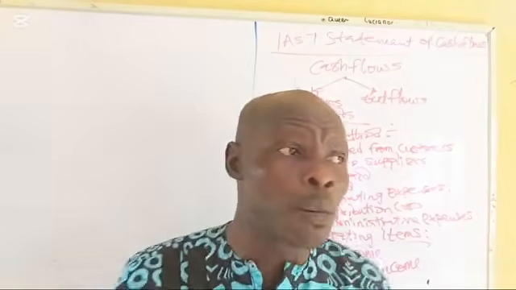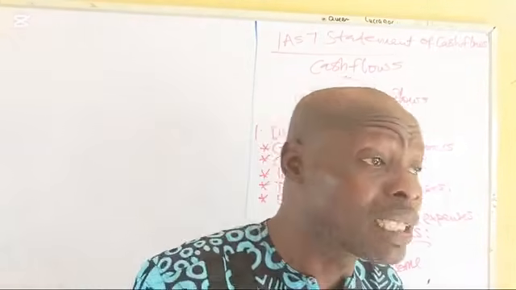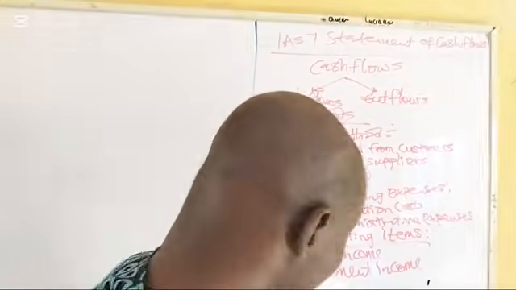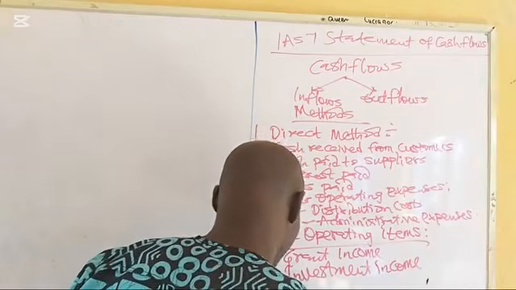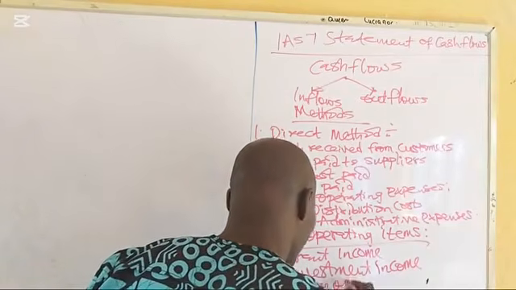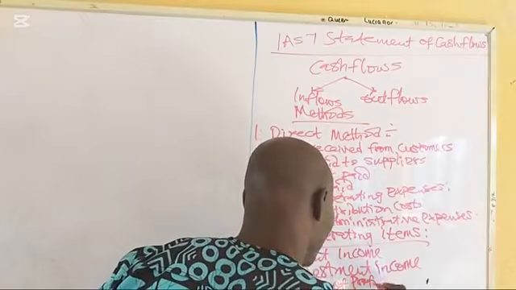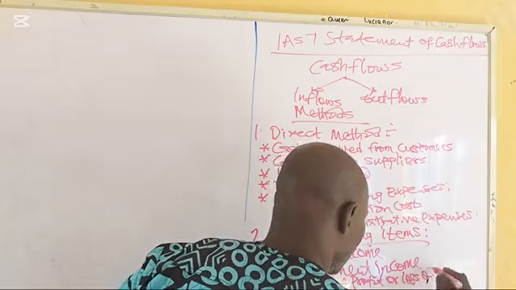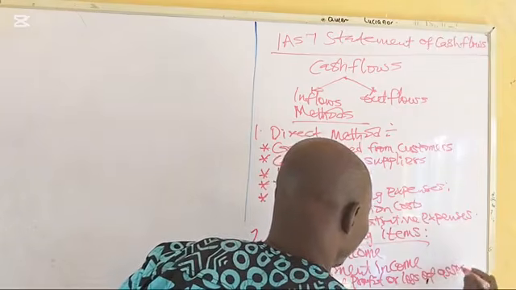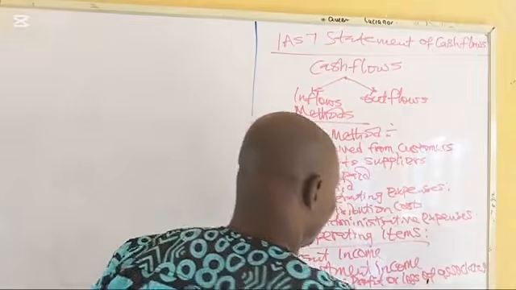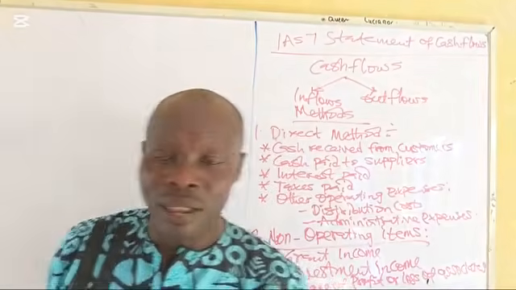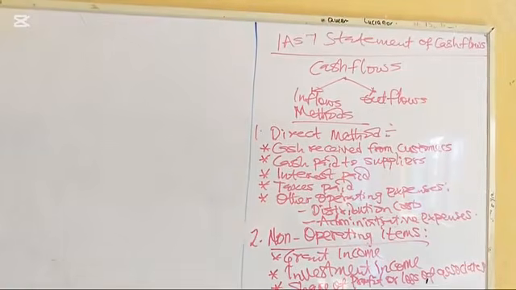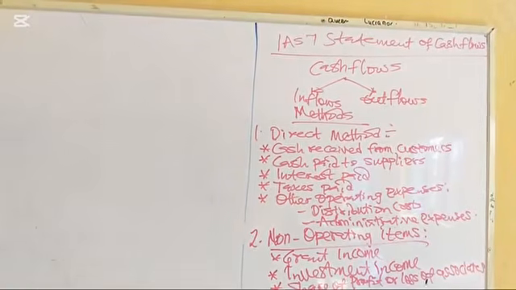And in the case of group, you might have share of profits of associates. If it is a group statement of cash flows, let me do that here. Share of profit or loss of associate. That is in the case of group financial statements, group cash flows. Same happens to that.